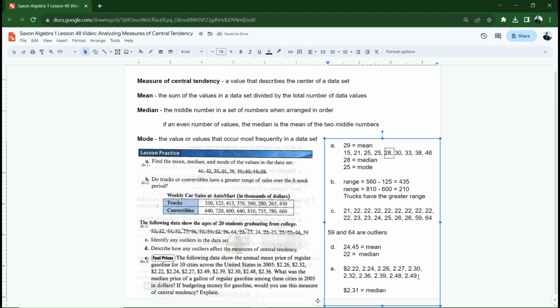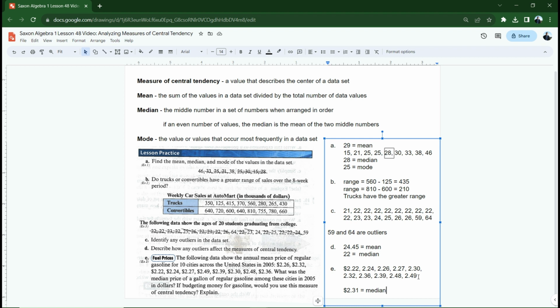If budgeting money for gasoline, would you use this measure of central tendency? Well, honestly, here's the thing. This is 10 cities across the United States. If I know what city I'm living in, this isn't going to be useful, unless I'm driving across all 10 of these cities and I'm going to need to stop in any one of them, then it'd be good for me to use this median.